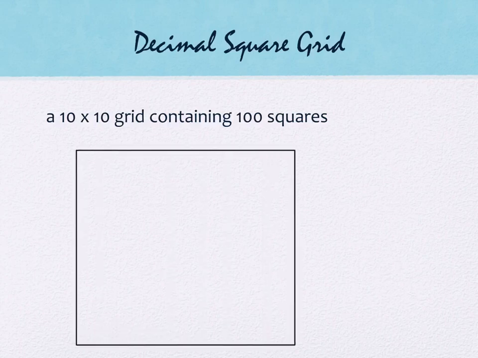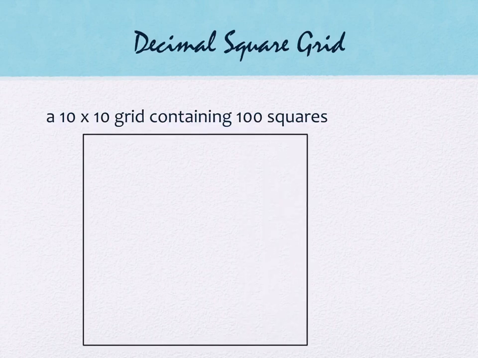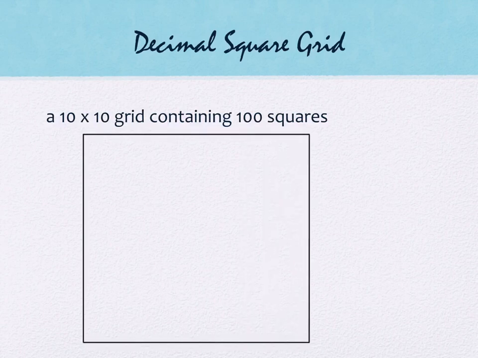Yours is probably going to look better than mine because it's hard to get it to do what you want in the right sizes when you're working on the iPad. So we're going to try, but we're going to make 10 rows and 10 columns, at least that's our goal.